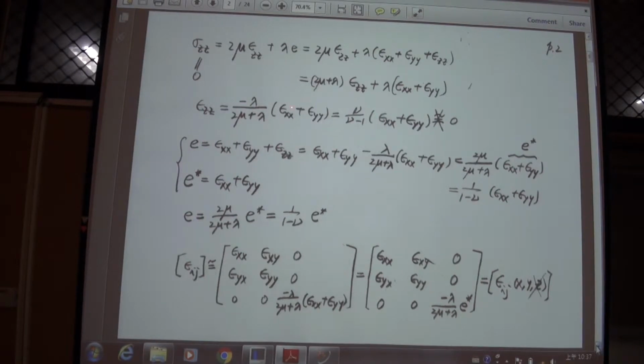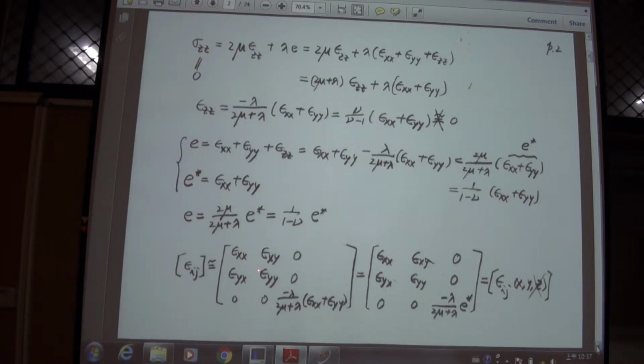This relation tells us that epsilon zz can be computed from epsilon xx and epsilon yy, and in general, epsilon zz is not 0.